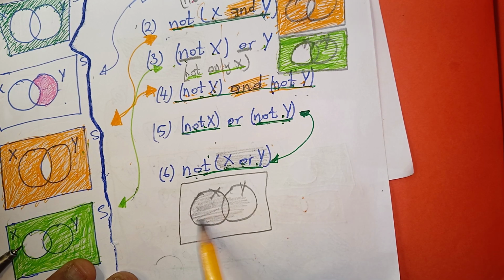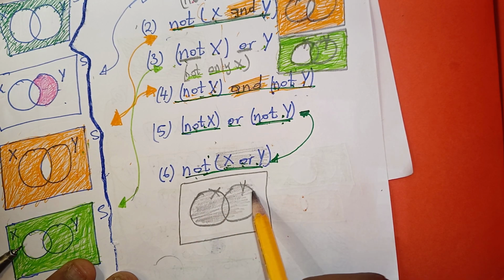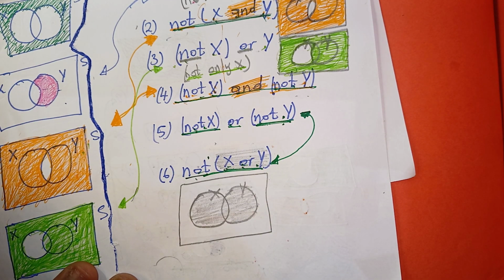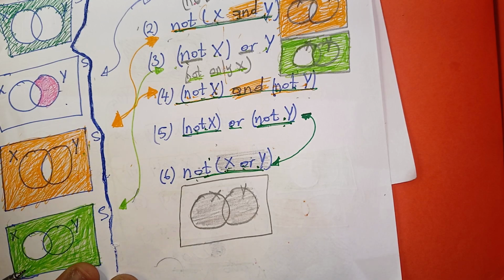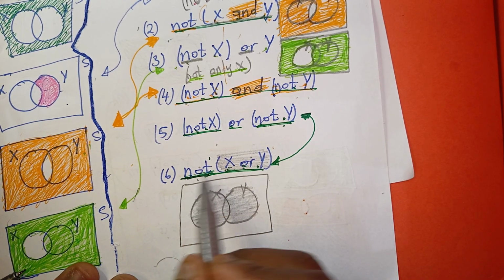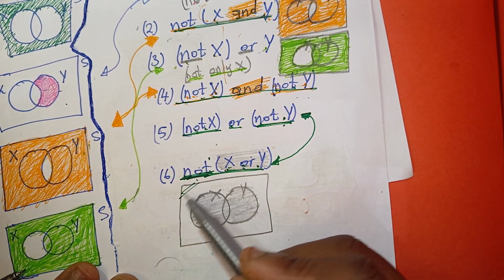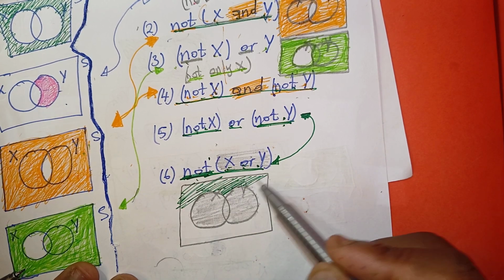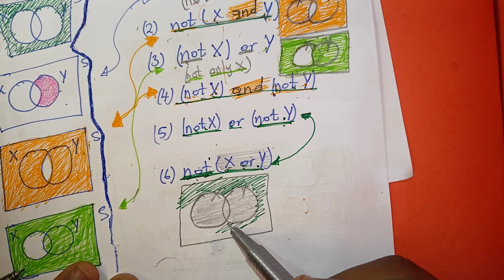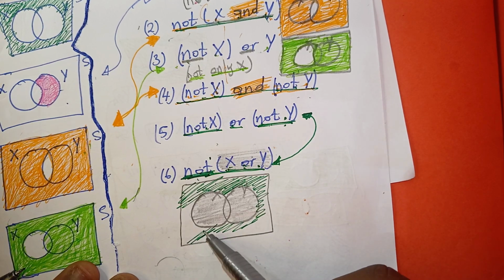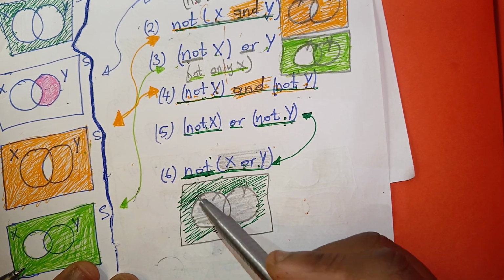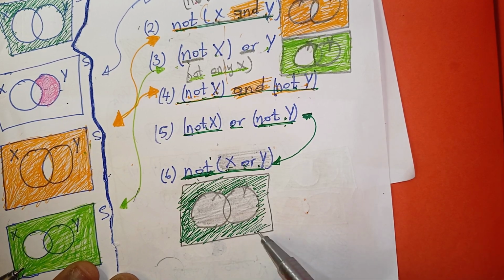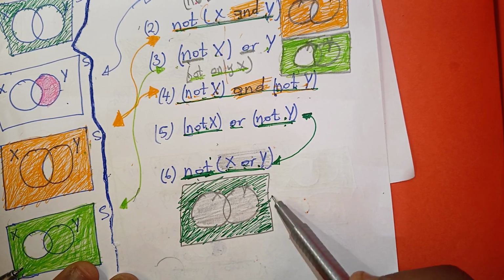But the moment I say not, I'm referring outside from this thing. You can see the way I shade, guys. I'm shading outside from there. I don't want to shade inside because I see the word not.